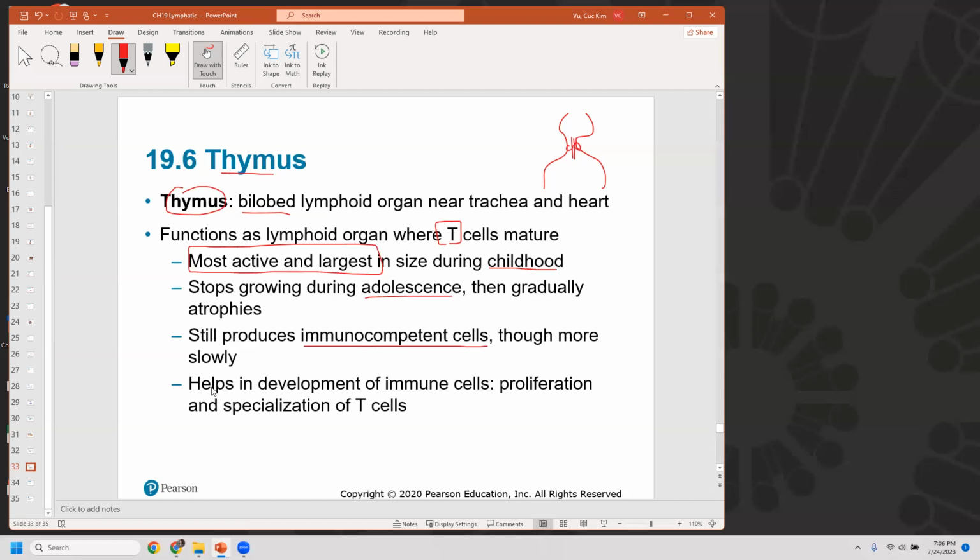Its main function is to help the immune cells, particularly the lymphocytes, proliferate, meaning they divide and become T cells. Again, we'll talk more about the T cells, like the natural killer T cells and cytotoxic T cells, on Wednesday.